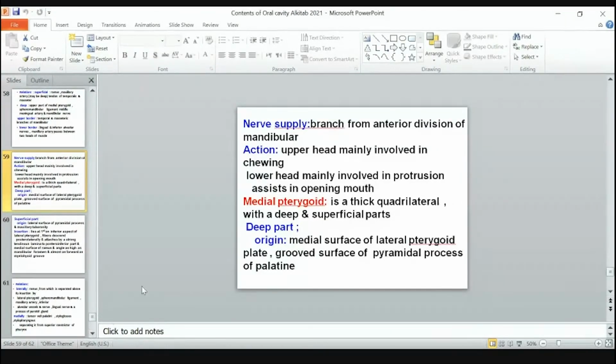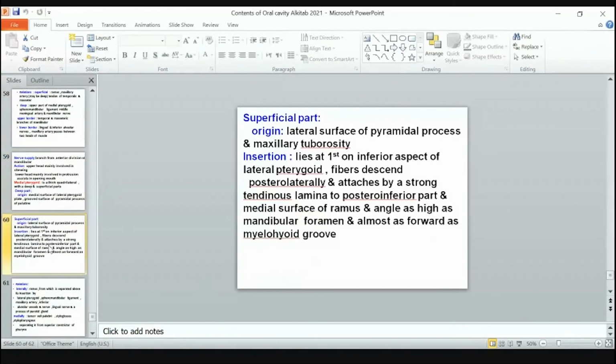Now, medial pterygoid: this is a thick quadrilateral muscle with deep and superficial parts. Deep part origin from medial surface of lateral pterygoid plate and grooved surface of pyramidal process of palatine. Superficial part origin from lateral surface of pyramidal process and maxillary tuberosity.